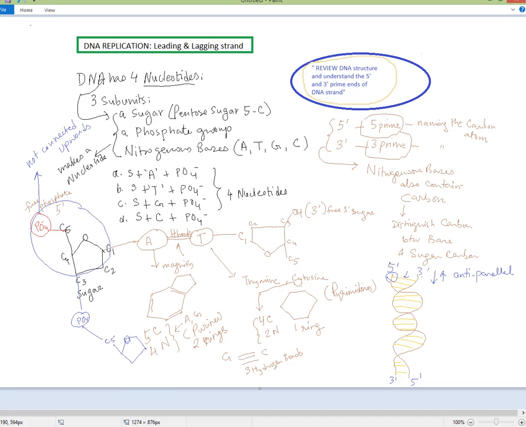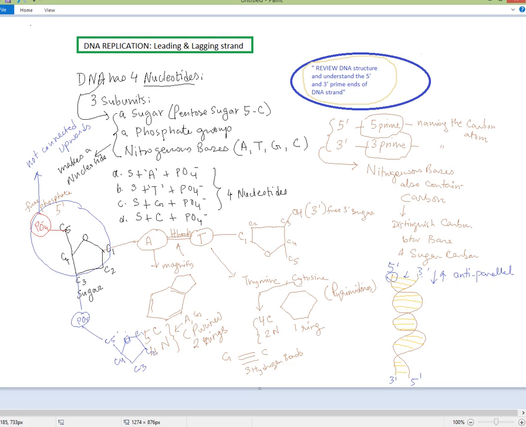So this phosphate group is connected up and also down. You have to understand that. This is C1, C2, C3, C4, C5.